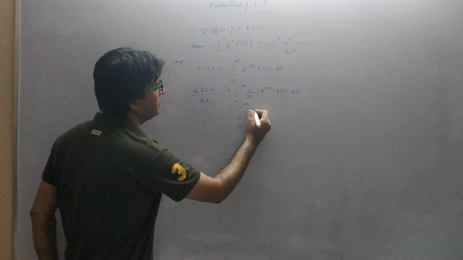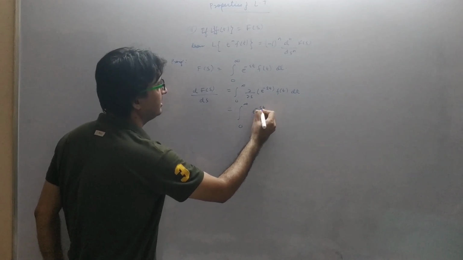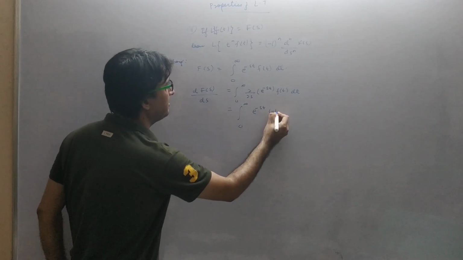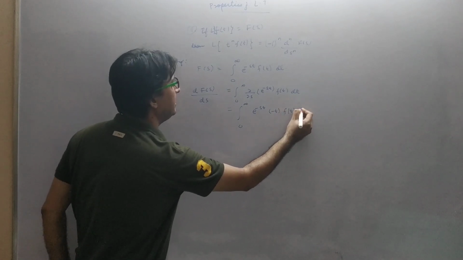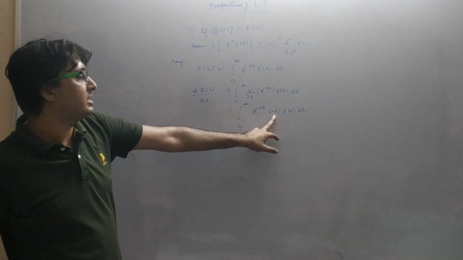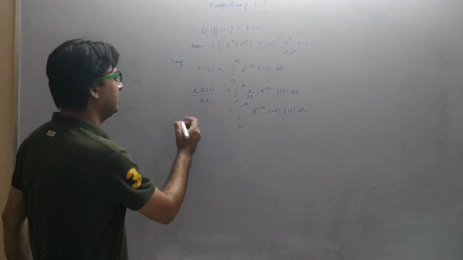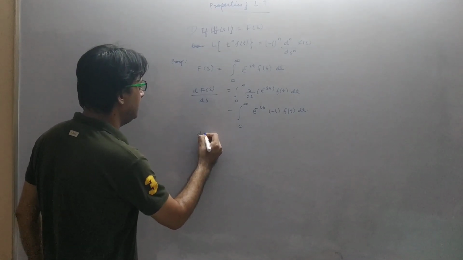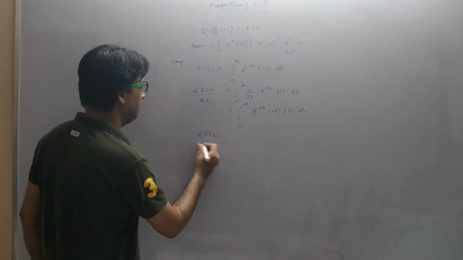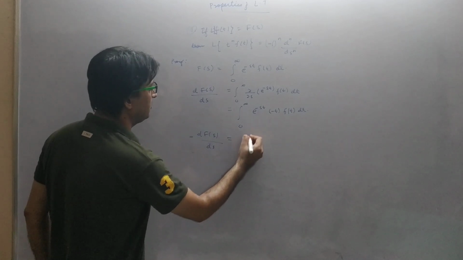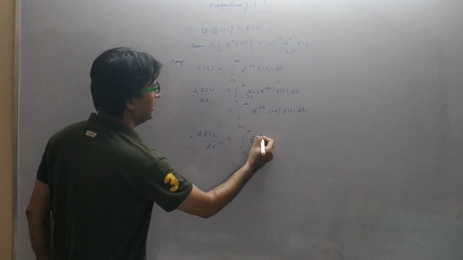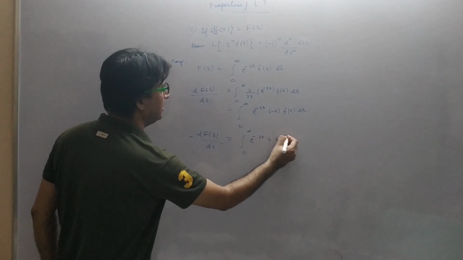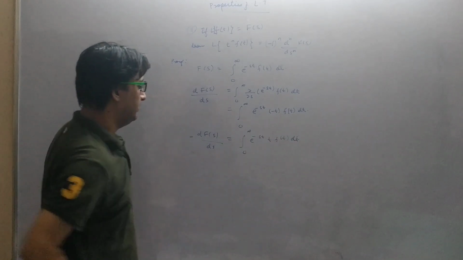So what we can write over here is e to the power minus st, and its derivative is minus t f(t) dt. Now if we take this minus sign on the left hand side, that becomes minus dF(s)/ds is equal to integral 0 to infinity e to the power minus st t f(t) dt.